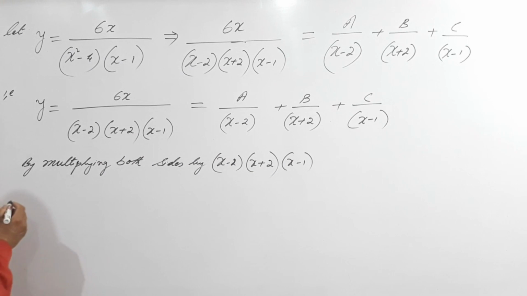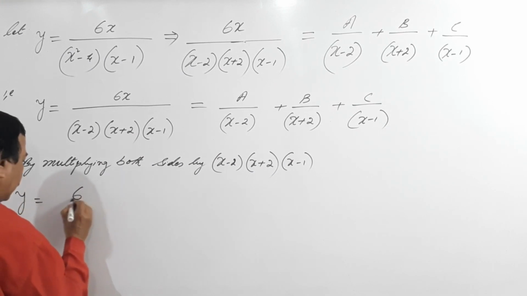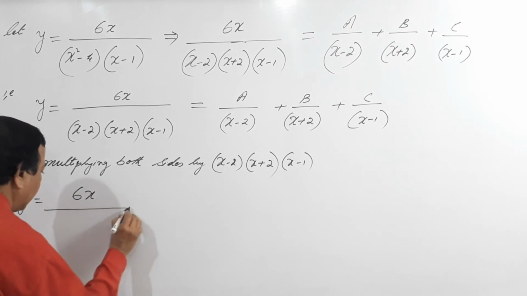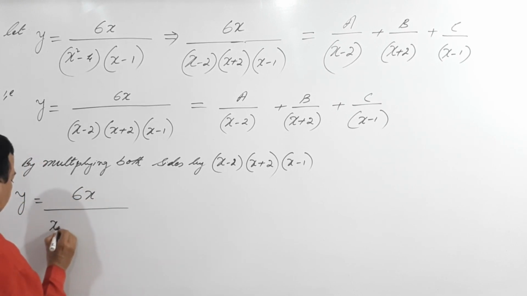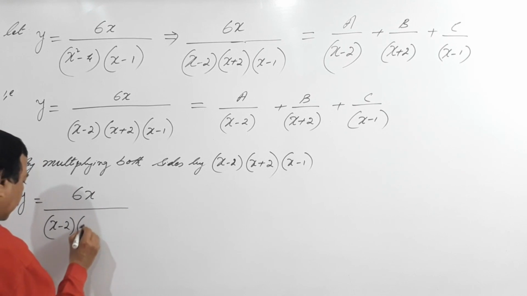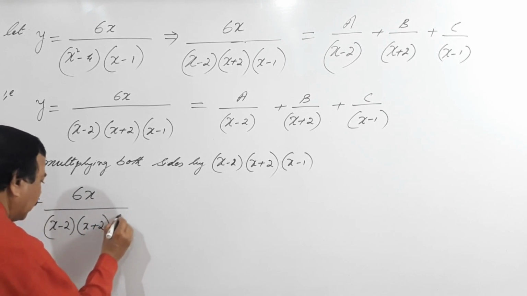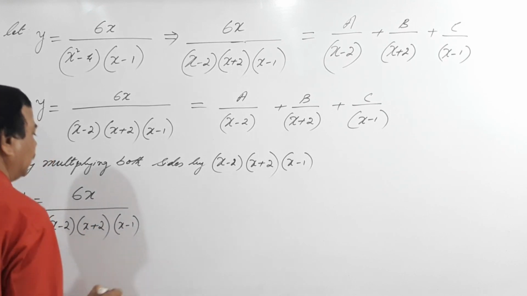On the left hand side, y equals 6x by x minus 2 into x plus 2 into x minus 1.